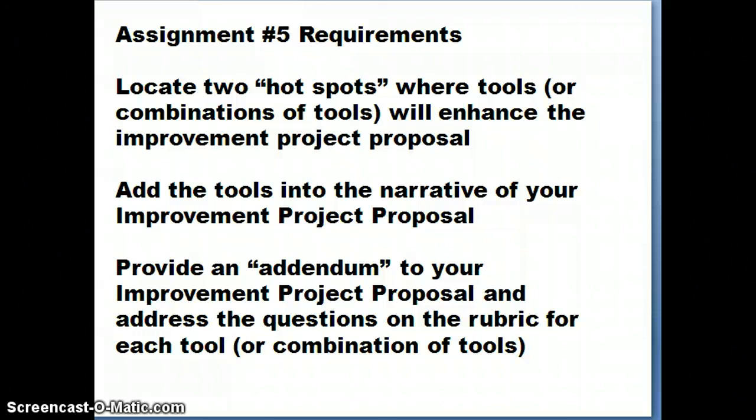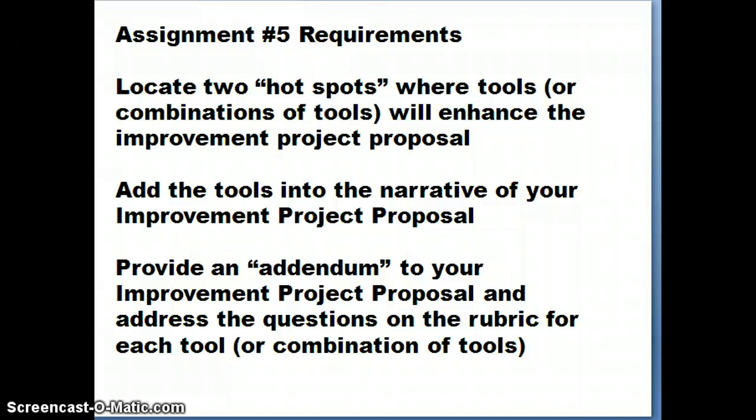Then from there, you're going to look back at your draft of your improvement proposal, and you're going to mark or check or identify at least two of those where you think that maybe we ought to incorporate some tools, because these are hotspots that have not been addressed or you will have difficulty addressing in your improvement project.